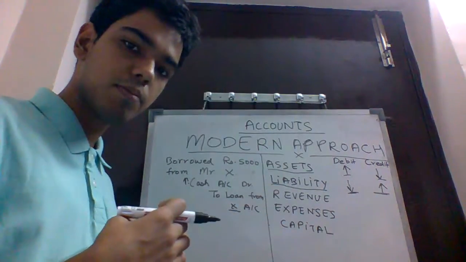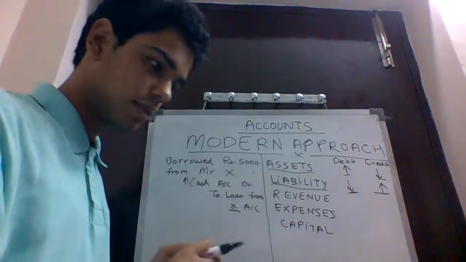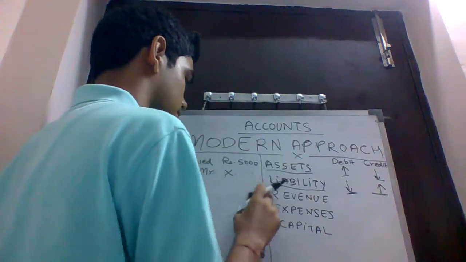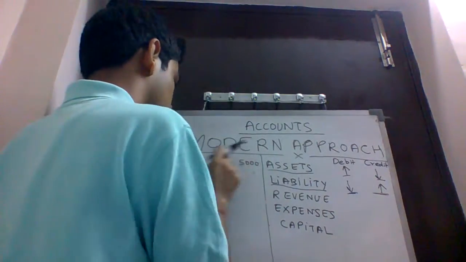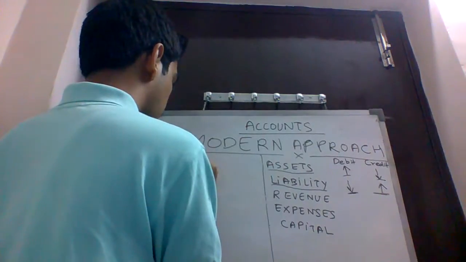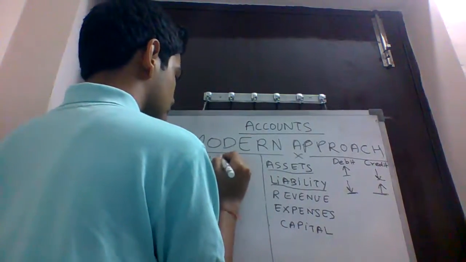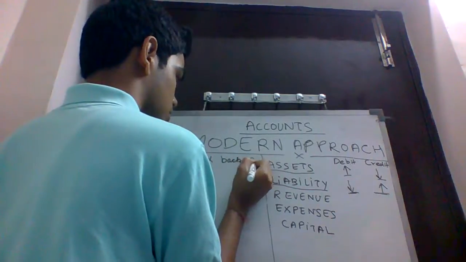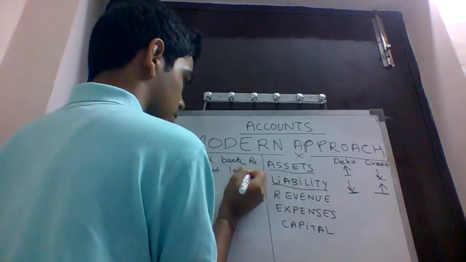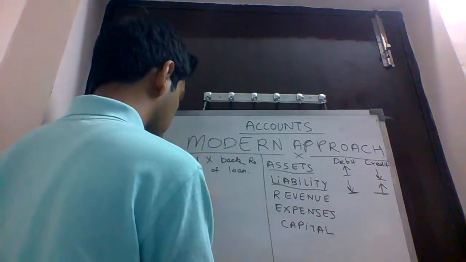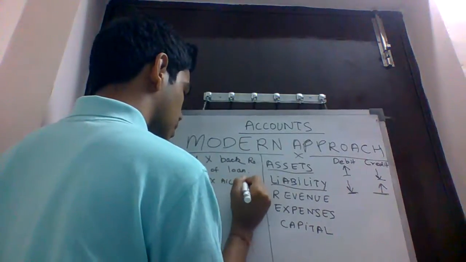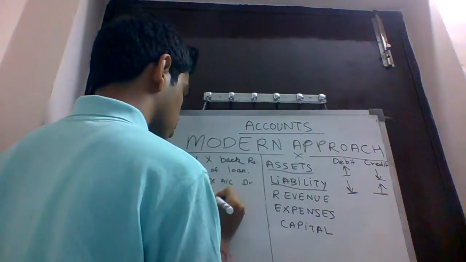Now after 5 days, the question will be: repaid X back rupees 5,000 of loan. The entry to it will be loan from X account debit to cash account.